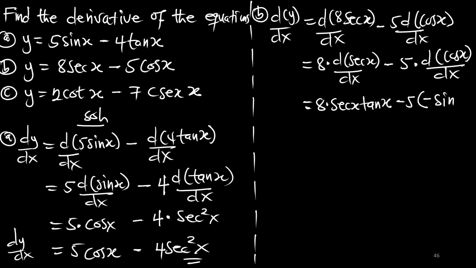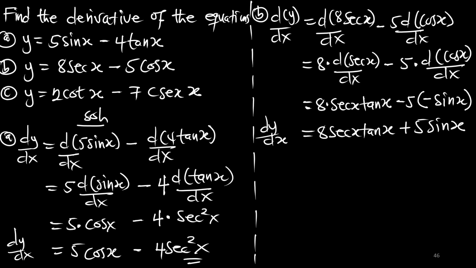So right from here we can say the derivative is 8 sec x tan x, now negative and negative gives plus 5 sine x. So this is the derivative of the B function.